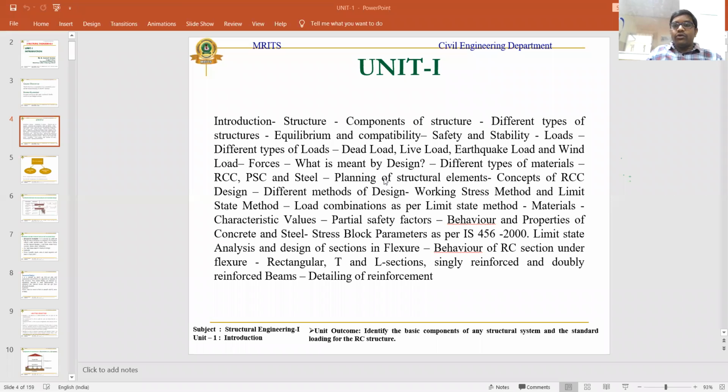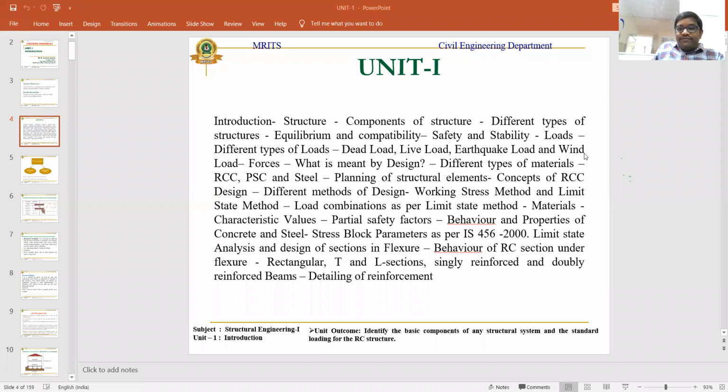Without knowing this, we can't design the shape and size of the footing. For knowing the shape and size of the footing, we must know the SBC of a particular site. After testing this SBC only, we can lay the foundation. After that, we can go directly to columns, beams, slabs. These are the different structural elements you can design.